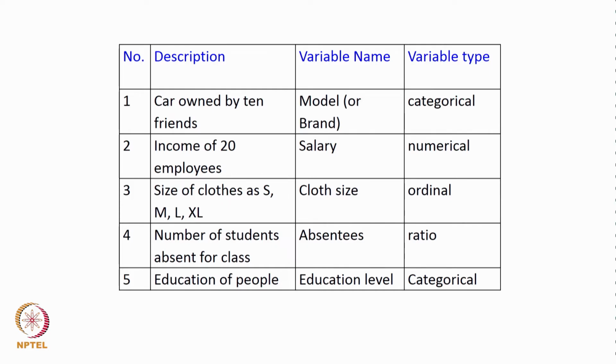Now, when we compare income or salaries, it is also possible to say that salary of person X is more than a certain quantity compared to salary of person Y, and it is also fair to say that person X gets 20% more than the salary of person Y, or gets 1.5 times the salary of the other person, and so on, and therefore, income of 20 employees comes under the numerical type of data.